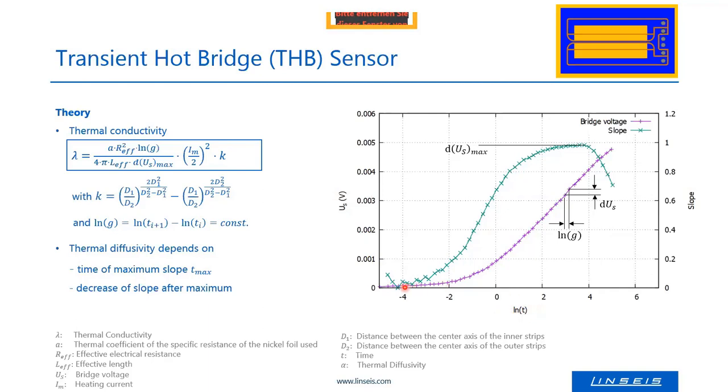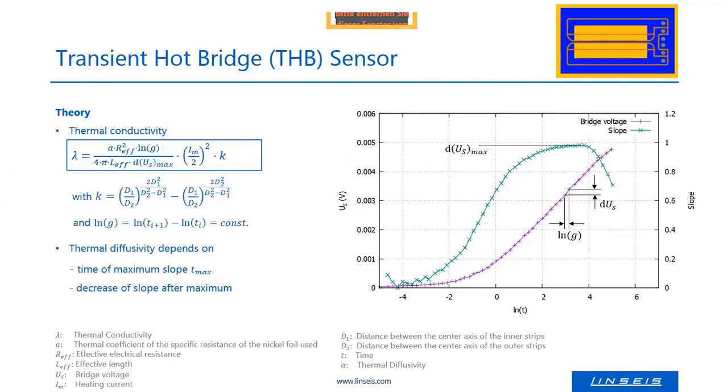At the beginning, at very small times, it takes a little bit until the heat is transported through the sensor, until the wires heat up. And then, after a while, we see the linear increase of the curve. This bridge voltage is directly proportional to the temperature increase.